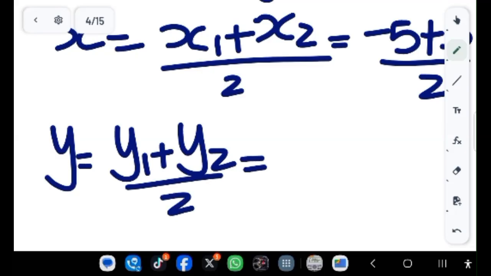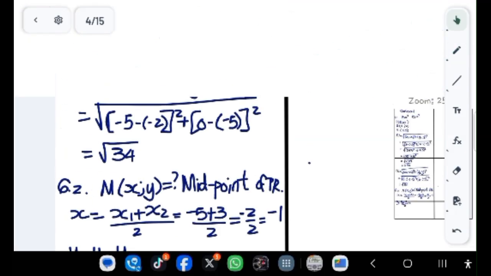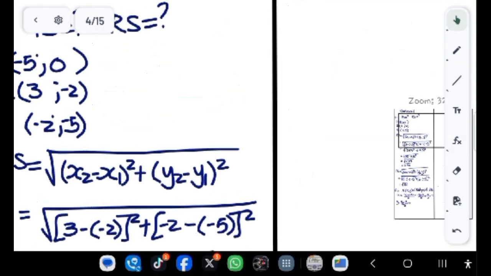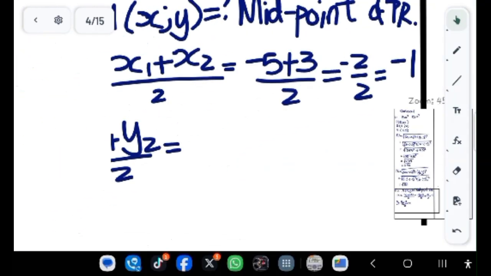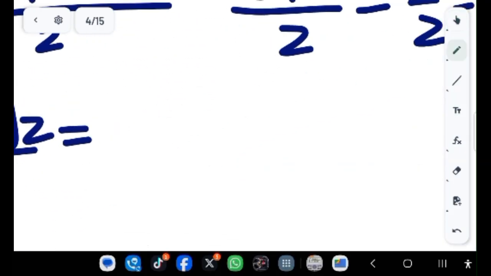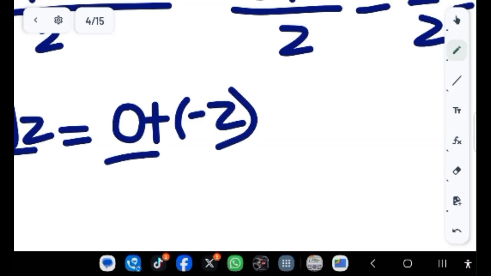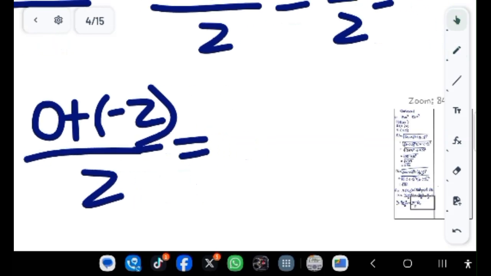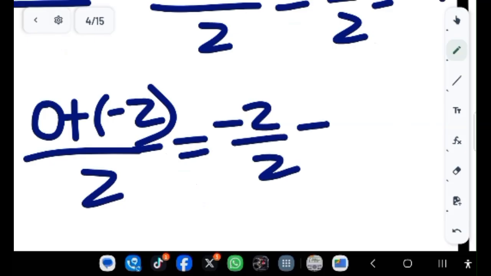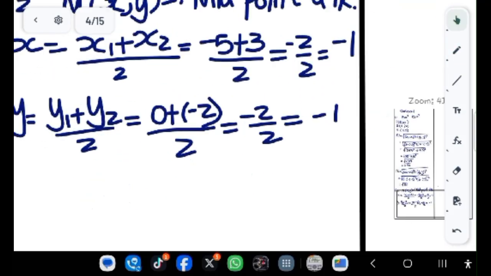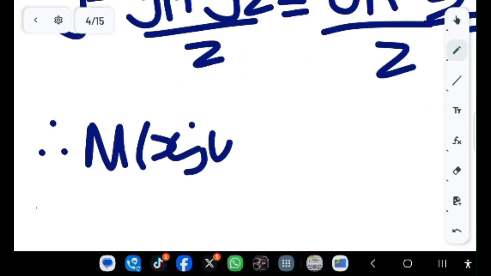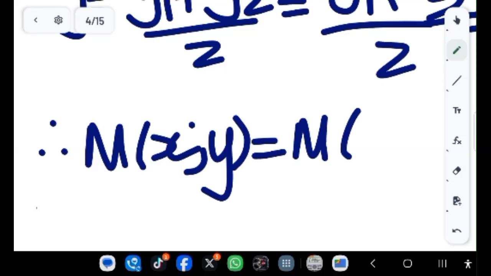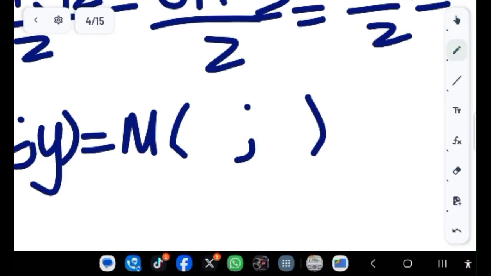So that will be 0 plus negative 2 all over 2, and that equals negative 2 over 2, which is negative 1. Therefore the coordinates of the midpoint of PR are negative 1 and negative 1. And that's how you find that.